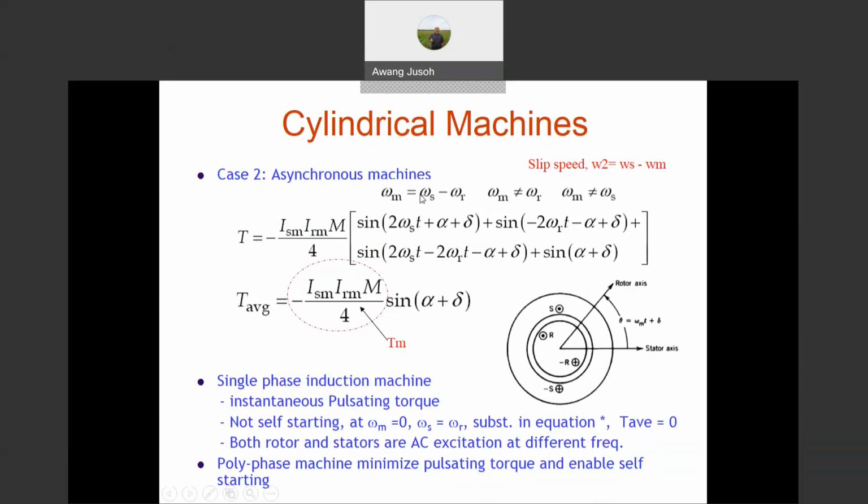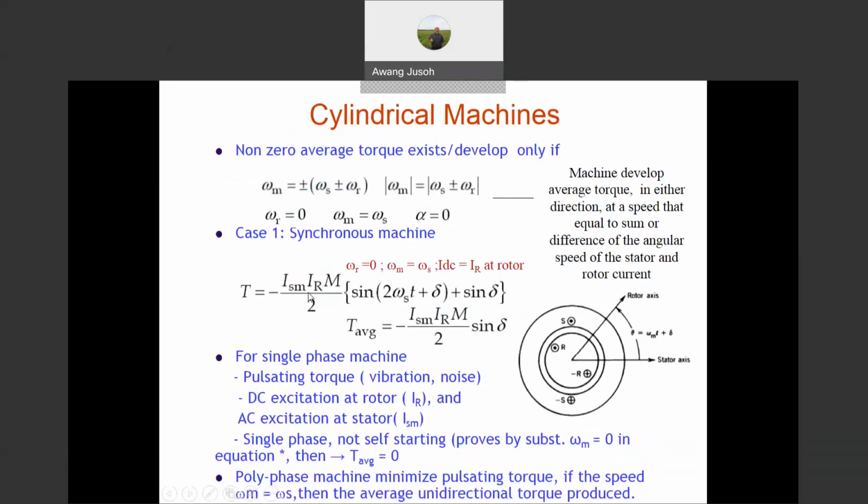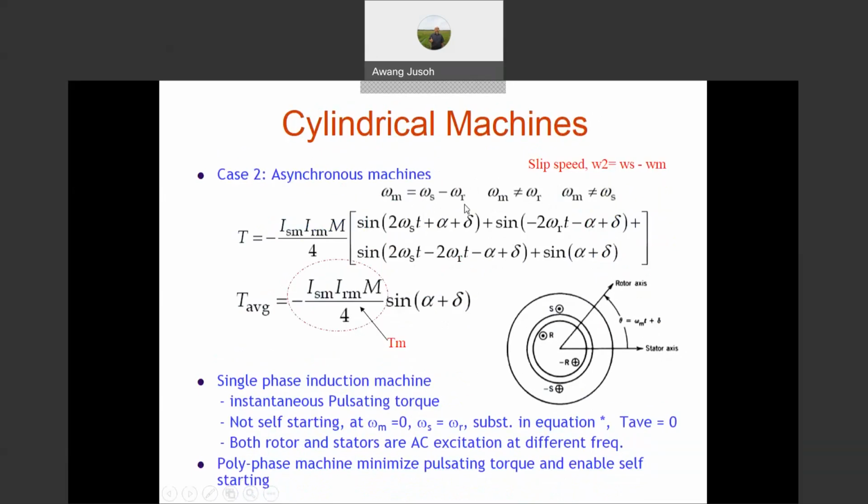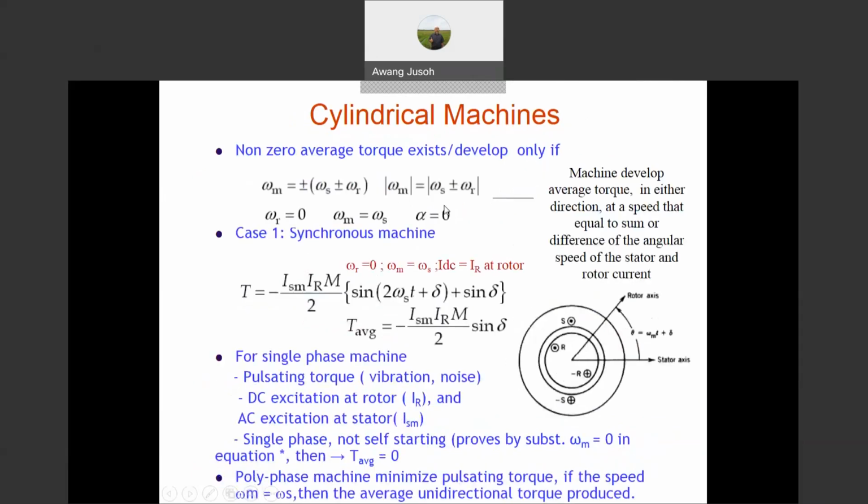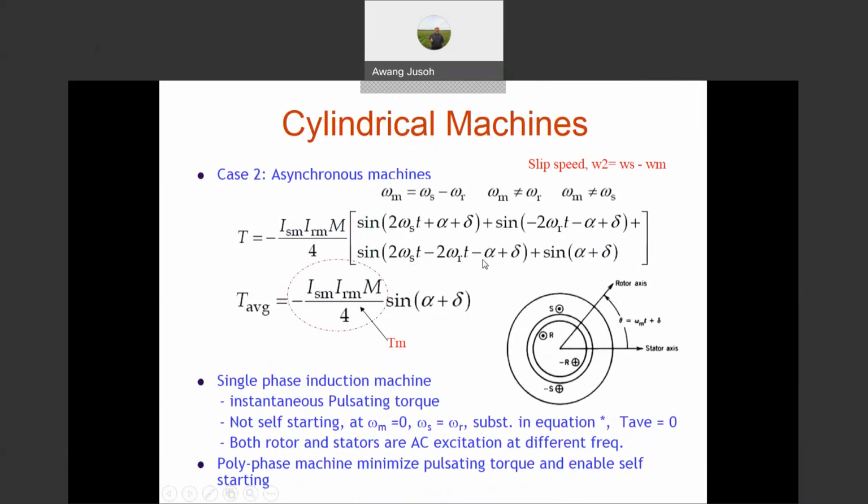So if you substitute omega m equal to omega s minus omega r into the general machine equation from just now, we can find the torque equation given by these terms, and the machine produces average torque with sin of alpha plus delta multiplied by this term.